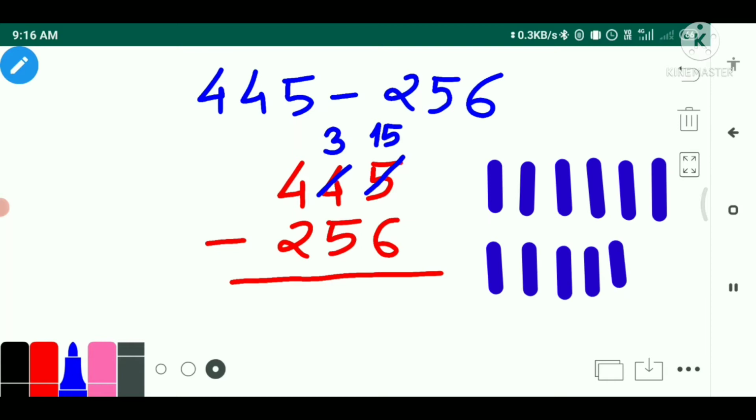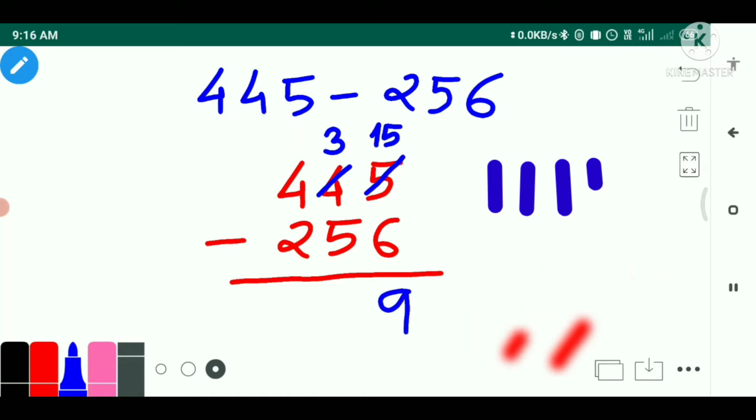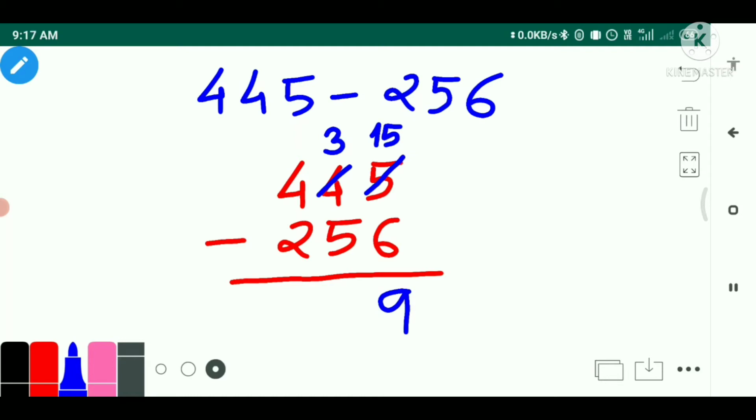So just imagine 15 lines and now we have to cut 6 lines. So what will be our answer? Nine, right? Okay, now see, in tens place 3 is there and below 3, 5 is there. So here also we can't subtract these two numbers, right? So the tens value will borrow 1 from the 100 place value.